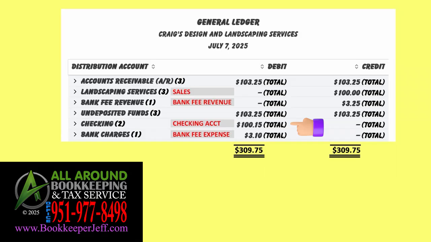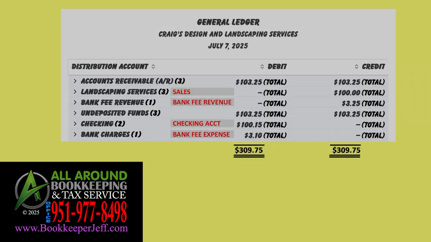This is the amount received from the processing company after they took out their fees. That's $100.15. And then, of course, the bank fee expense was the amount that the processing company withheld for this particular transaction. So we add up all of our debits and all of our credits. We have a total of 309.75. So our debits and our credits do match.